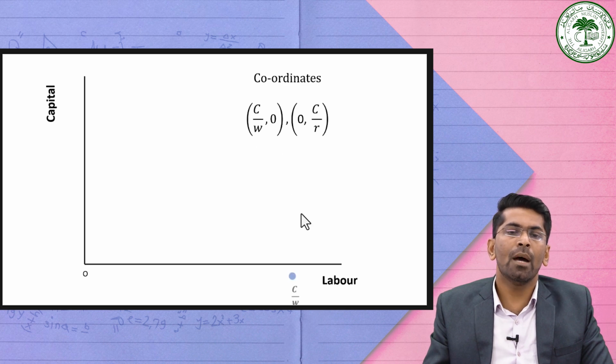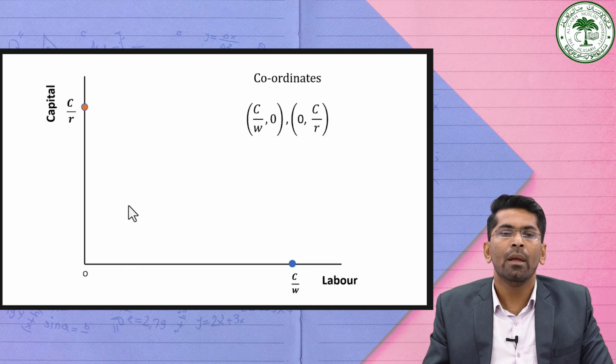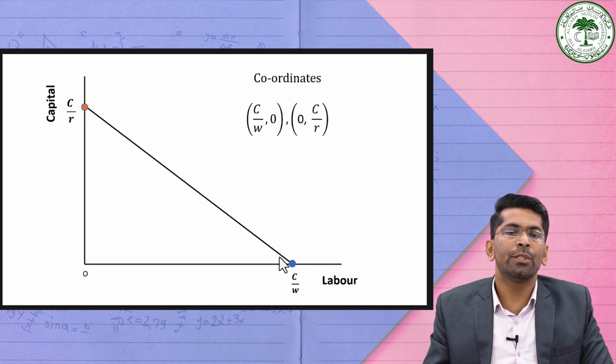C upon W is at this point when capital is equal to 0, and similarly, by assuming labor is equal to 0, we plot C upon R. After marking these two points, we join them together and we get the isocost line.